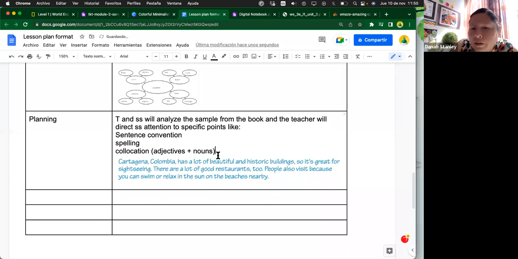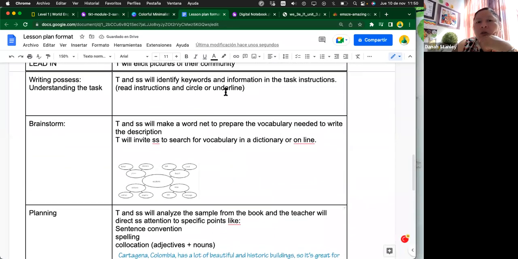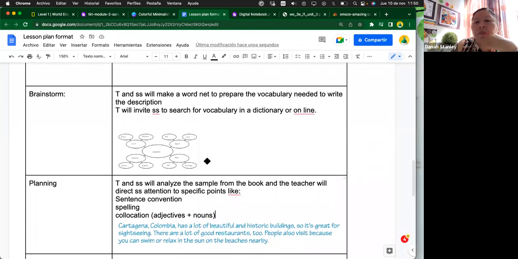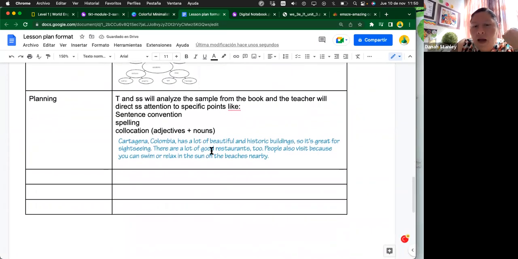So you present this. They have already understood the instructions. They have prepared their vocabulary. And now they have the example.